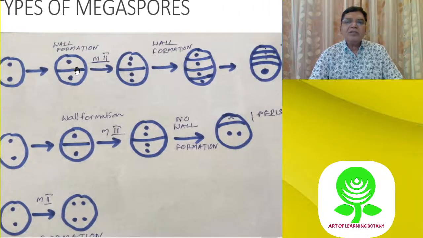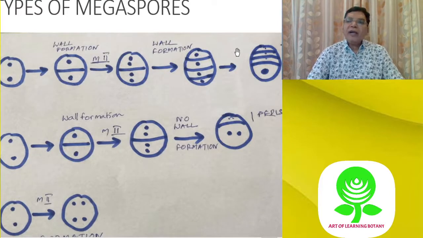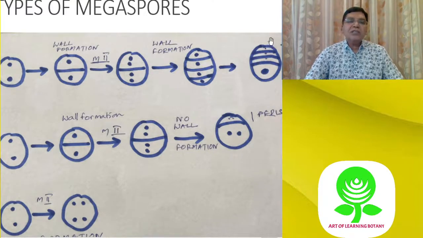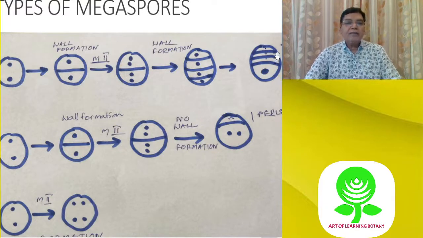Then meiosis 2 forms 2 nuclei in each cell, followed by cell wall formation, and the 4 cells are walled. The top 3 cells towards the micropyle degenerate, and the last one is uninucleate and is the functional megaspore. So this is called the monosporic, uninucleate megaspore.